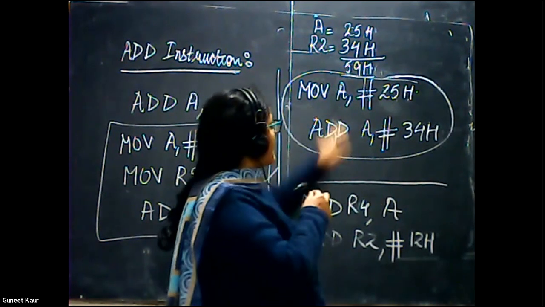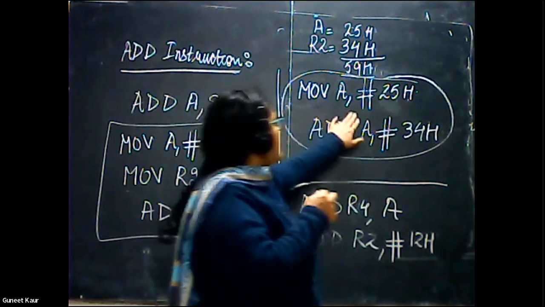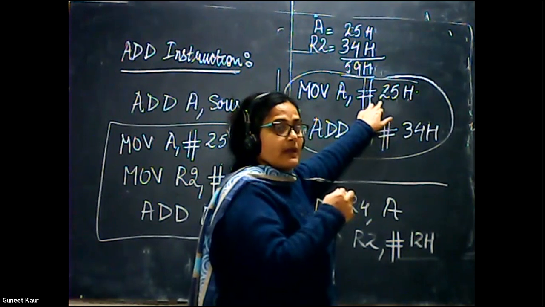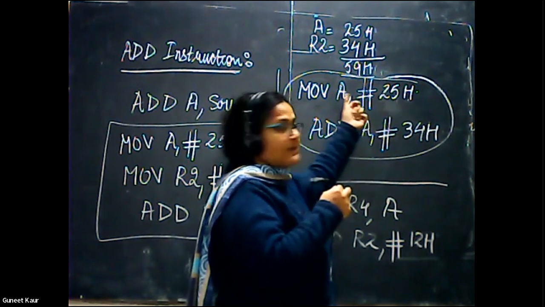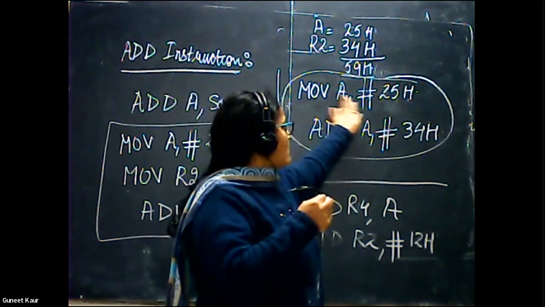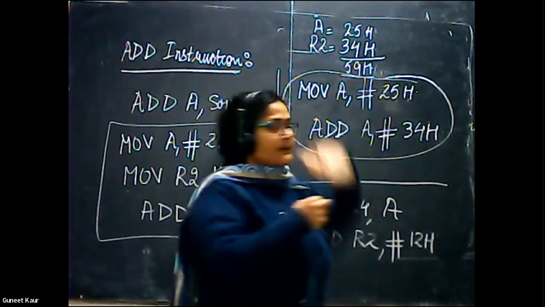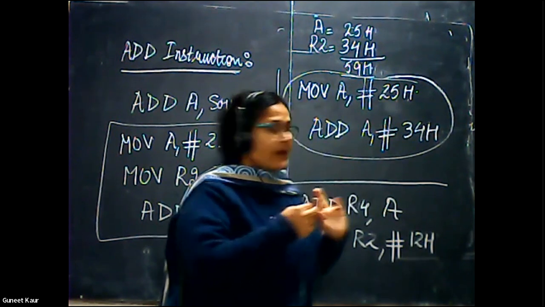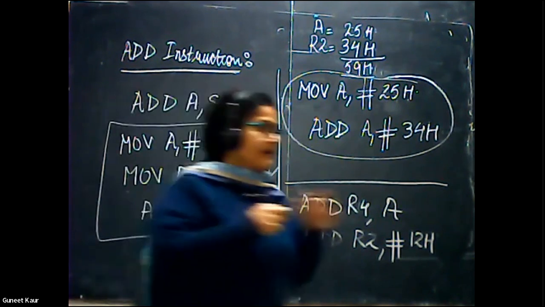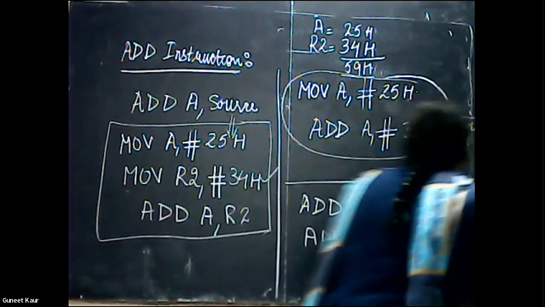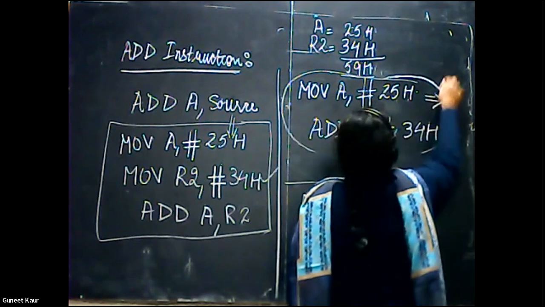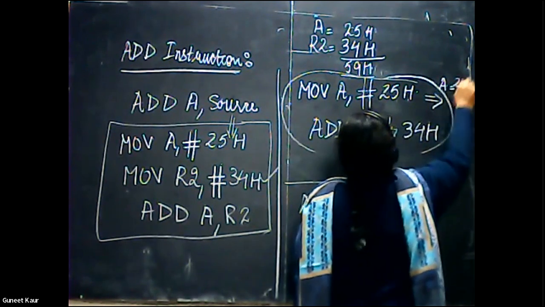You can see that in the first command, I am copying 25h into the accumulator. After this command, the accumulator will contain 25h.